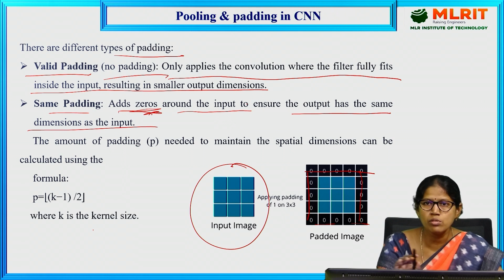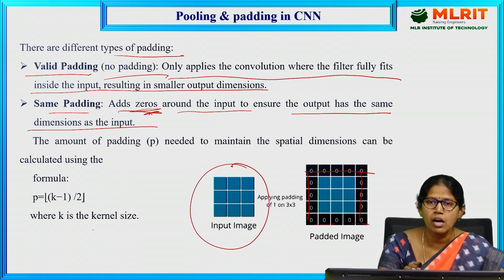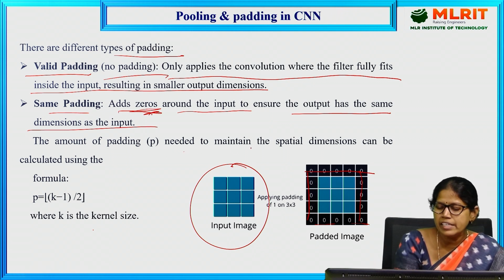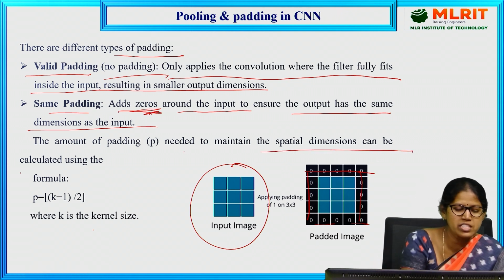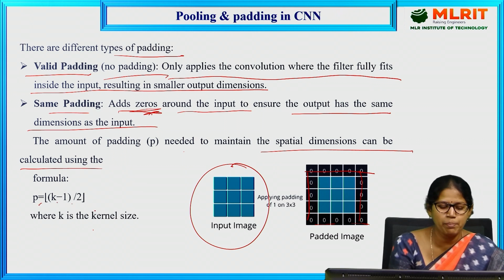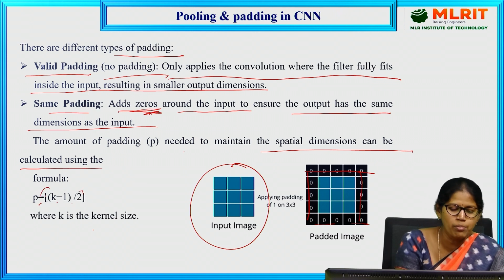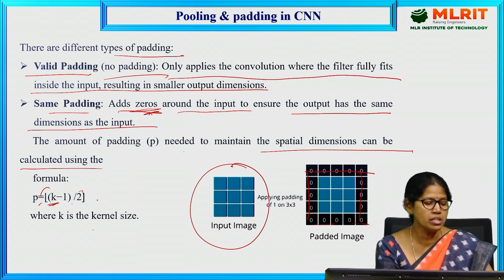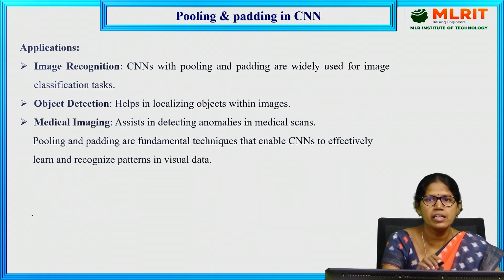So there is no change. After applying the padding also, the size of the image remains the same. The amount of padding needed to maintain spatial dimensions can be calculated using P equals (K minus 1) divided by 2. K is the kernel size; (K minus 1) divided by 2 is the formula for calculating padding.